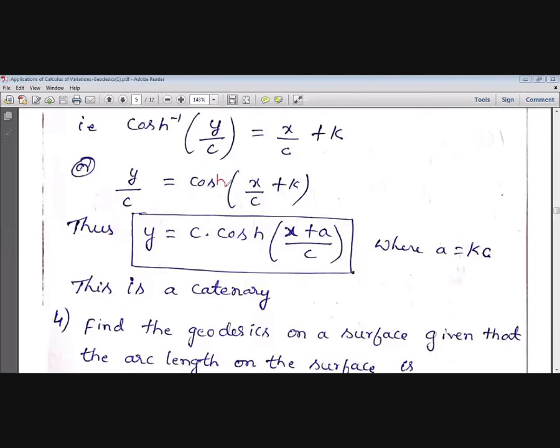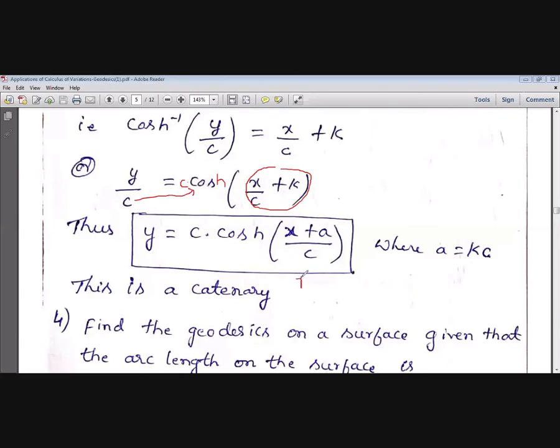Cross multiply this c to this side, then take LCM here. x plus kc. k is also a constant, c is also a constant. That's why I will write a. If you keep it like this also, no problem.